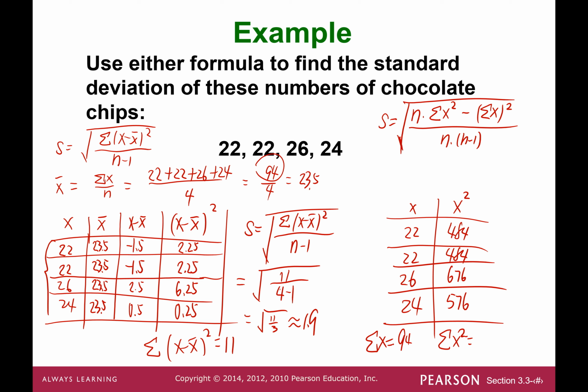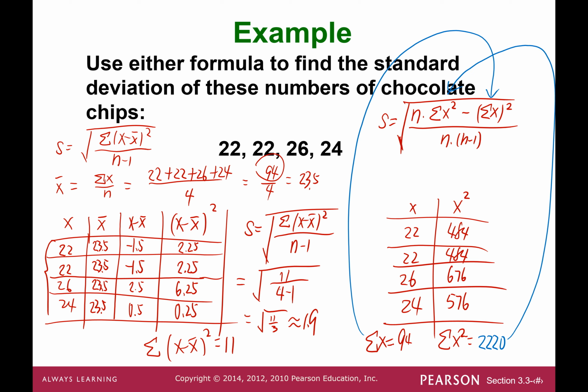Adding 484 twice, adding 676, adding 576. That turned out to be 2220. Now this one you plug here, and this one goes here. And we know the sample size is 4.